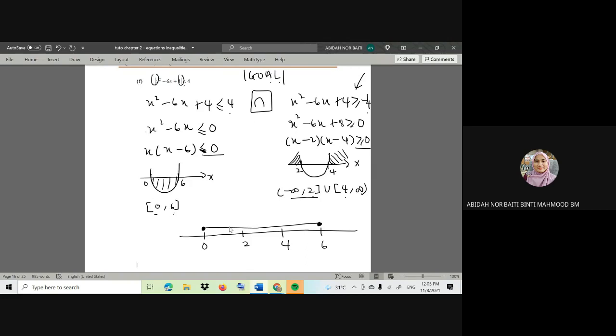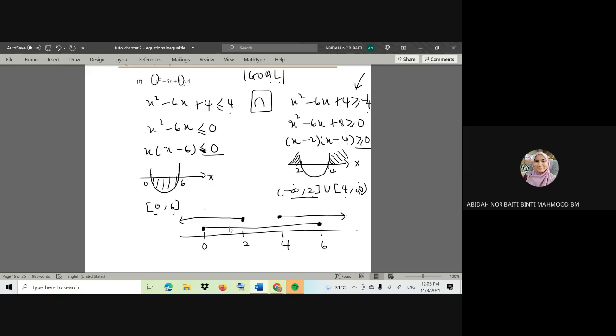Negative infinity to 2, then an open circle at 2. Negative infinity means to the left. Positive infinity, from 4 we use an open circle to the right.